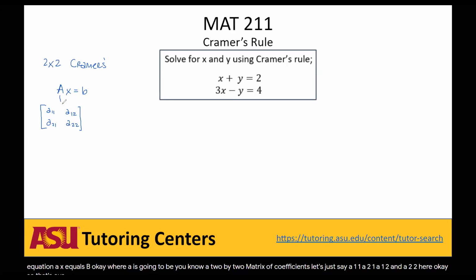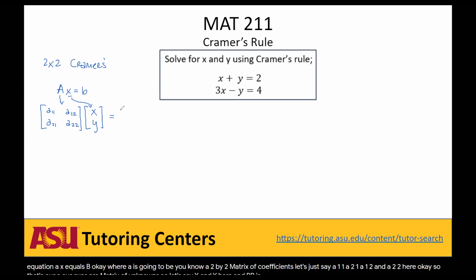So that's our A. Our X is our matrix of unknowns. So let's say X and Y here. And our B is our matrix of solutions. So let's say B1 and B2. Okay.